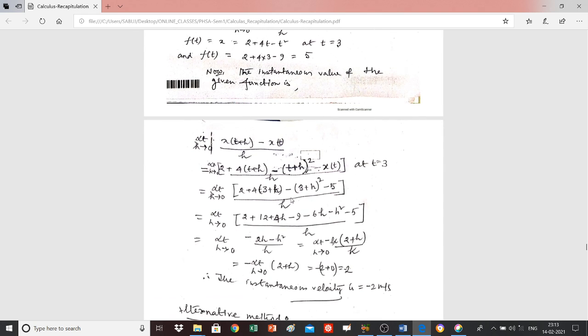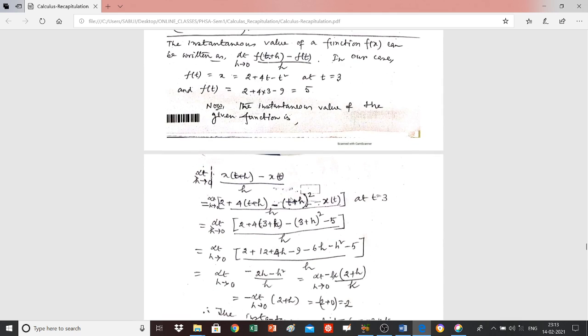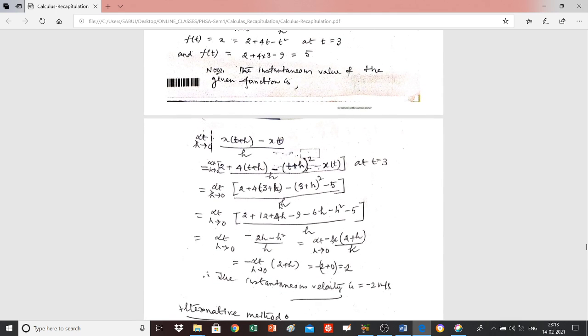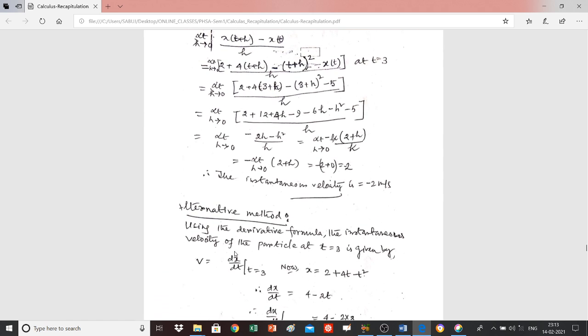But I am just interested to go to the derivative method. But you have to practice it. You must practice it, okay? And then also compare with the alternative method, that is the derivative method. Here you have been given the function x is equal to 2 plus 4t minus t square.